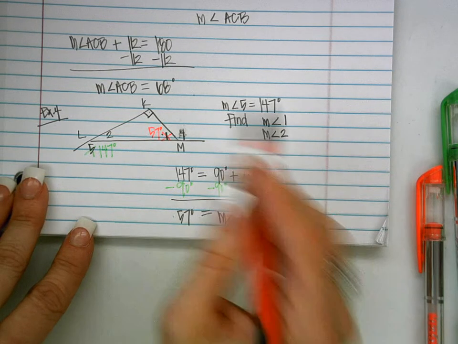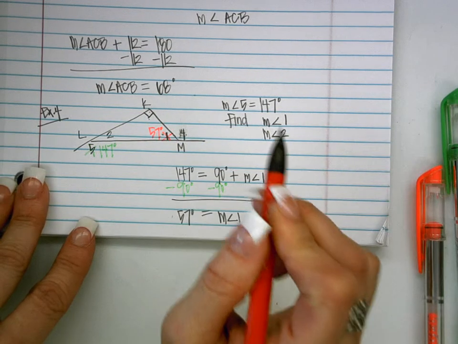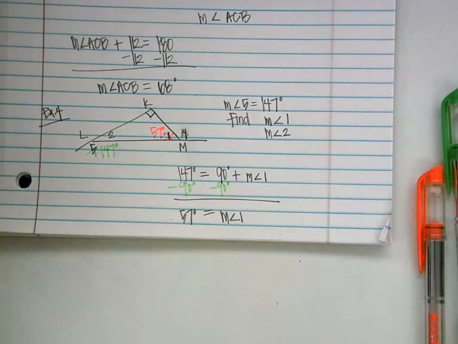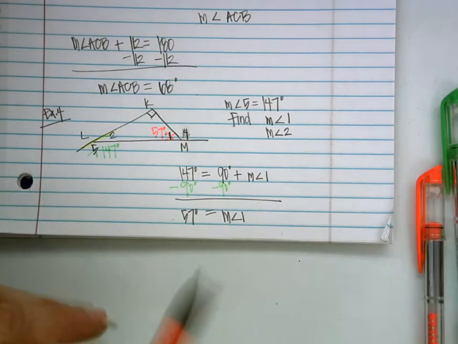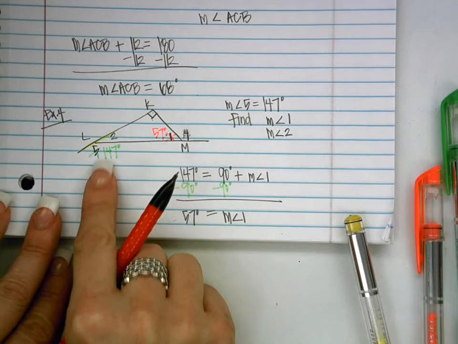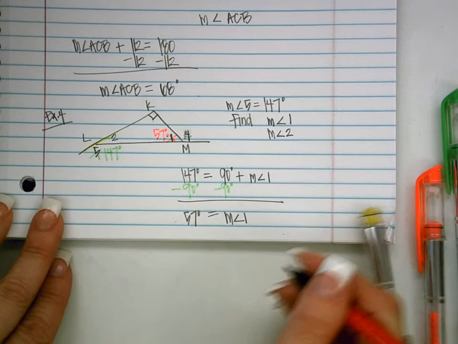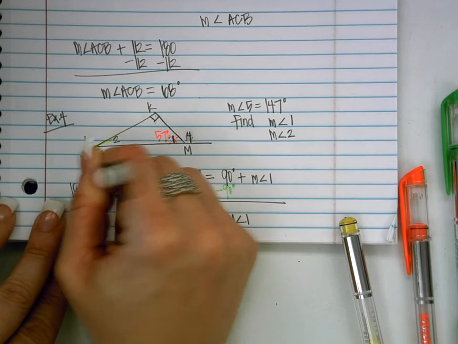Right, so if this one's 57, this one's 90, all together they would equal 180. Or you could think of it as this is a straight line. A straight line is equal to 180. So 180 minus 147 would give you this one. So what's the measure of angle 2? 180 minus 147 equals the measure of angle 2.